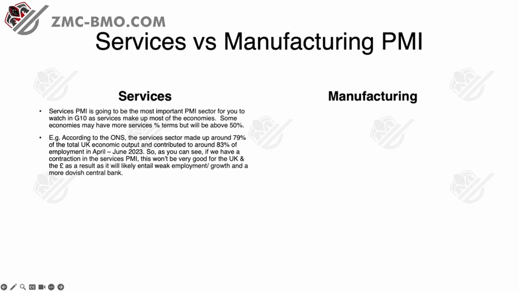So please put a lot of emphasis into learning the basics first, and then move on to the more nuanced stuff like the PMI data, the NFP data, the jobless claims, the wages, etc. Because it all adds to the primary bits of data, which is the interest rates, the GDP, the inflation, the central bank narrative, etc. But as you can see, 79% of total economic output in April to June. It's going to fluctuate, of course, but generally it's a large amount in the UK for sure.